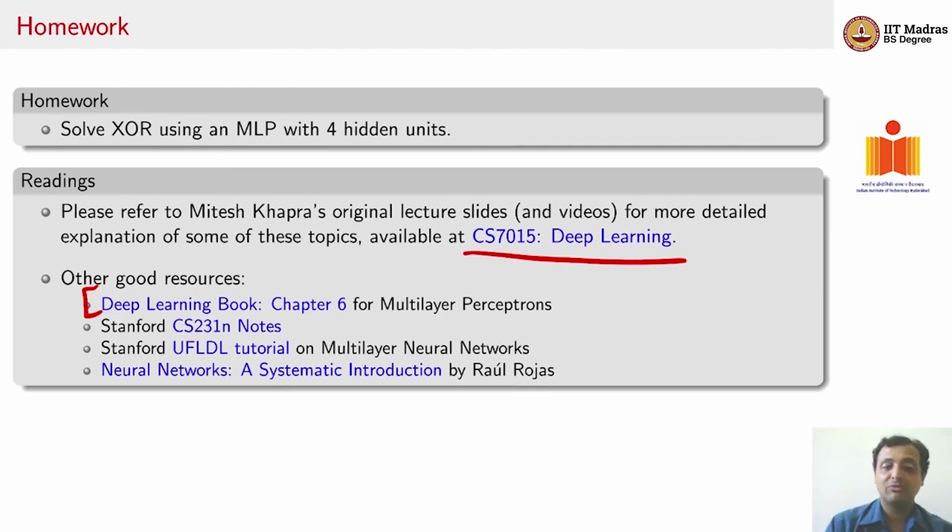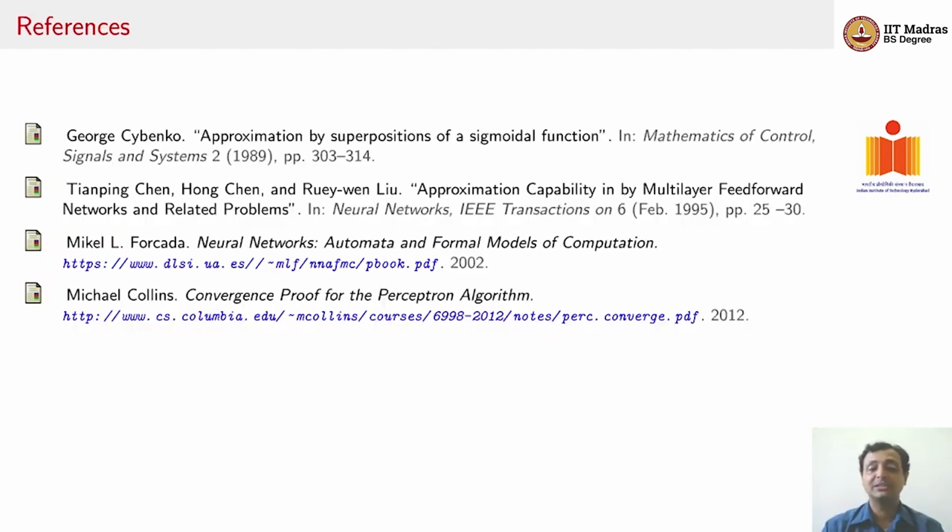There is also the Stanford CS231n course, whose notes are also relevant here. There is also the Stanford UFLDL tutorial and a very nice introduction to neural networks by Raul Rojas. Here are some references, and we'll stop here for now.